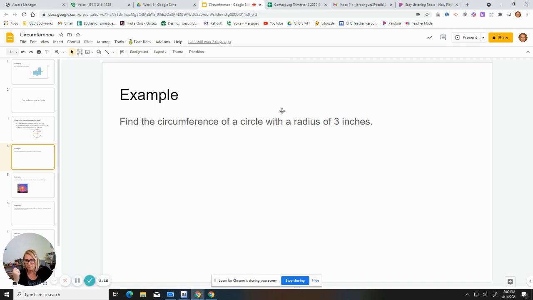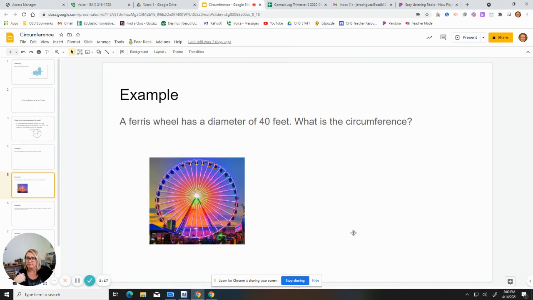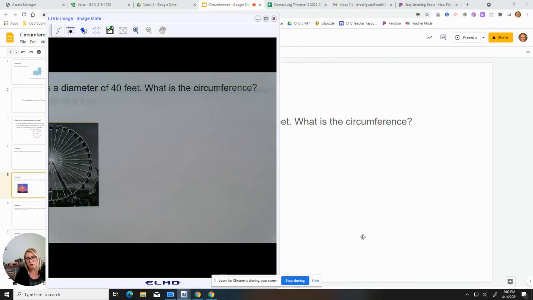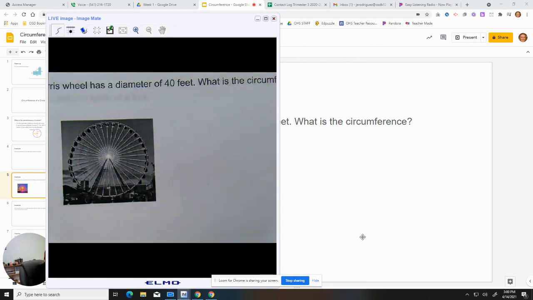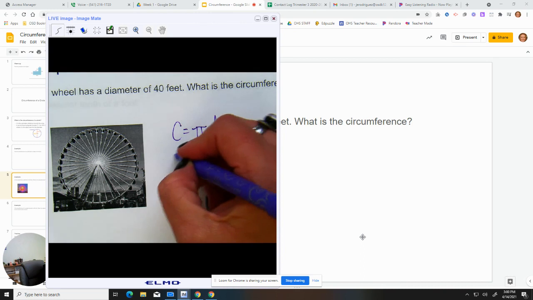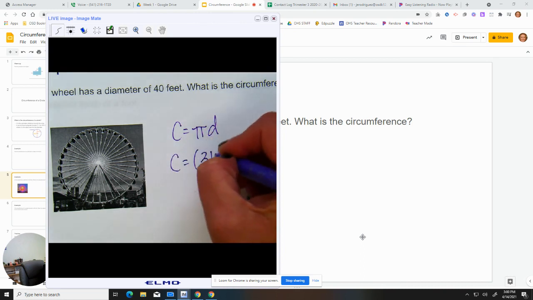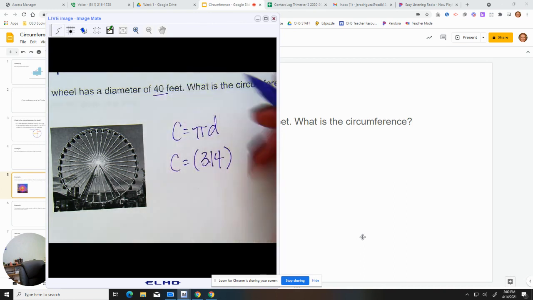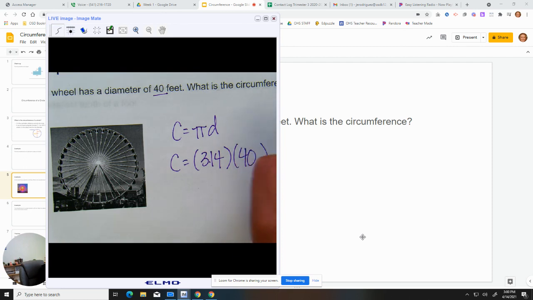Okay, so let's look at another one. Here we go. We have a Ferris wheel, and we have a diameter. Because we have a diameter, we are going to use our diameter formula, which says pi times diameter, or 3.14 times the diameter, and the diameter is 40.